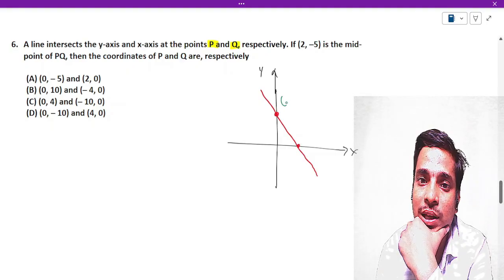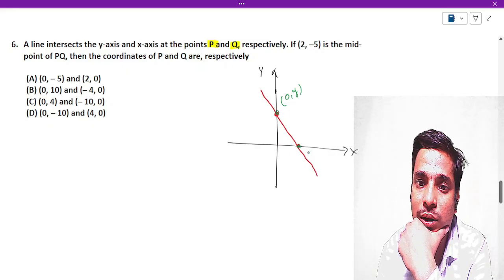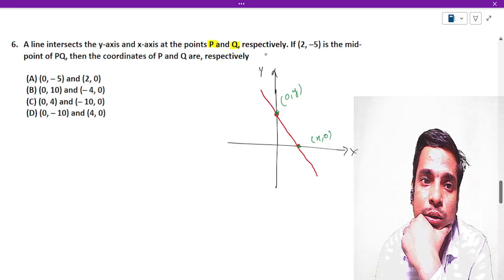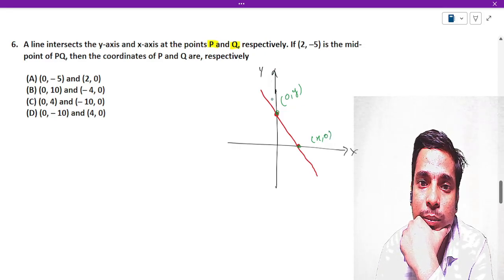Every point on the y-axis is of the form 0 comma y. So the coordinate of this point is, let's say, 0 comma y, and the coordinate of this point is x comma 0. Right. So this is coordinate P, this is Q.